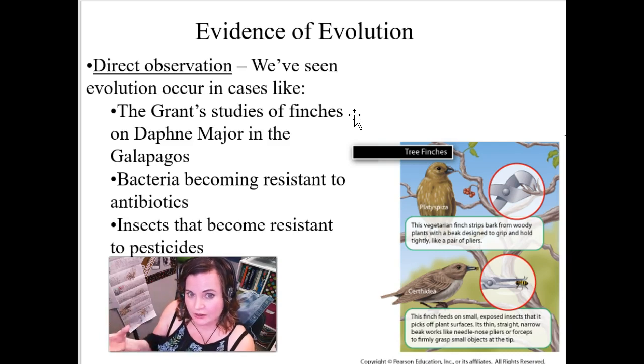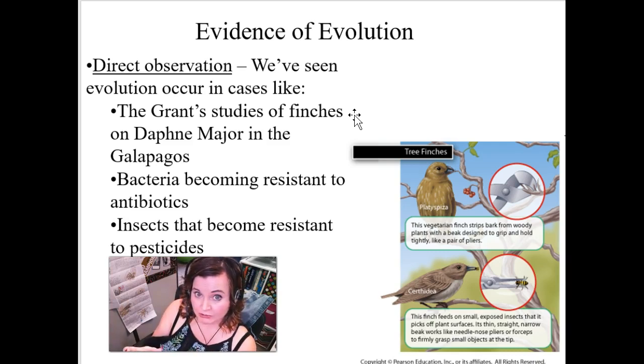So they make very good studies because we can see change through time, and the time can be on the human scale. What we have noticed is that some bacteria are naturally resistant to certain antibiotics. It doesn't mean that they've developed a superpower or anything like that. They just happen to have a variation in their biochemistry that makes them resistant to the antibiotic.